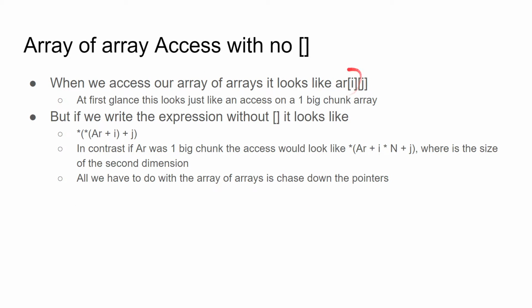So when you're accessing this array, it's going to be AR plus I, dereferenced, plus J. Dereference that again, right? Whereas if it was one big chunk, we would have had this. So all we have to do with array of arrays is chase down the pointers. So if you look at this expression, what doesn't appear?